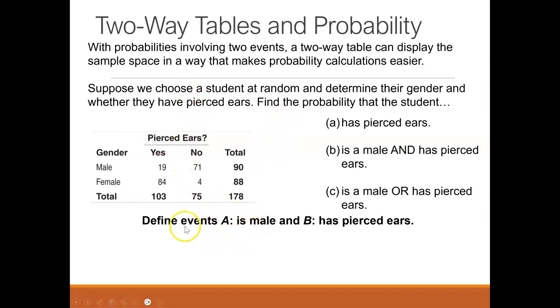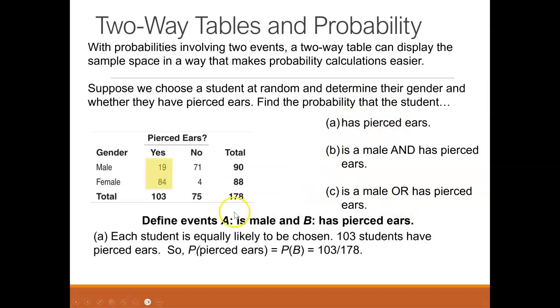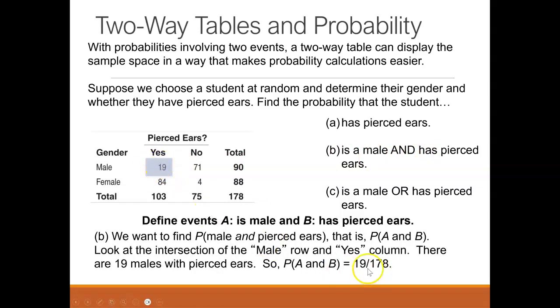So if I define event A as is male and event B as has pierced ears, the probability we have pierced ears is the probability of B. So I just take the 103 out of 178. Is male and has pierced ears? That's the 19 out of 178.